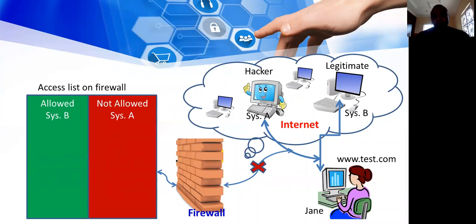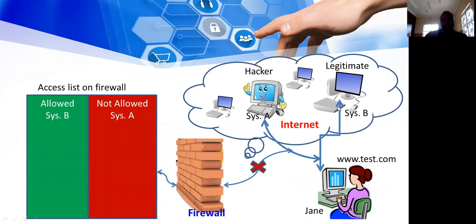So actually, there can be different scenarios that can occur on a network. If you look at this kind of scenario that we have here, you can see that we have different computers connected on the network, on the internet. As you can see, we have system B, system A, and other systems also connected on the internet.